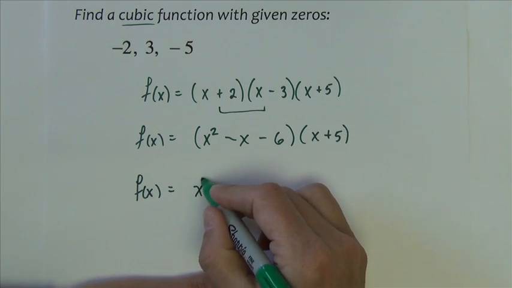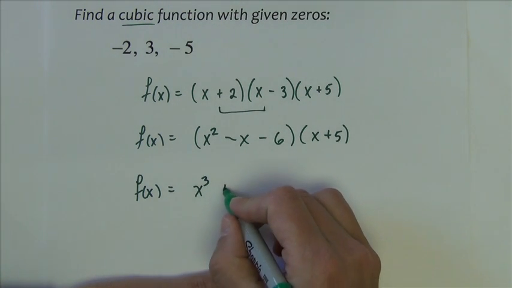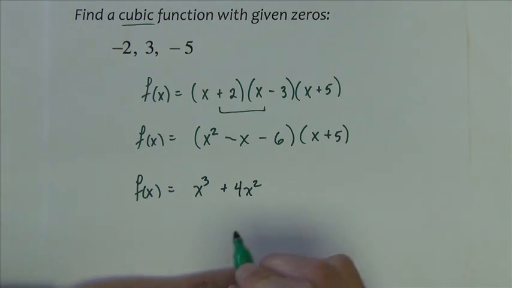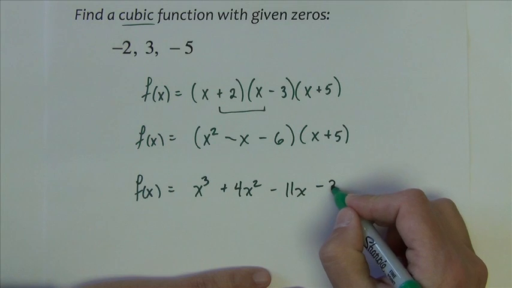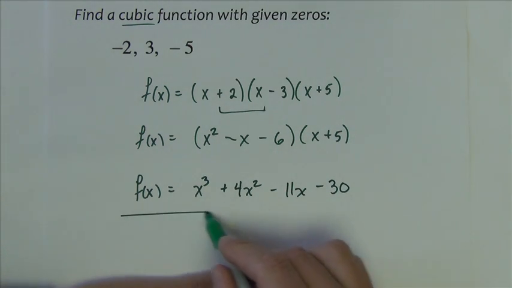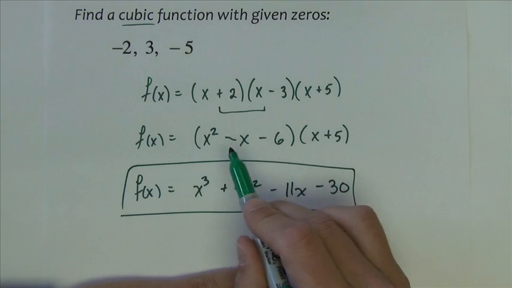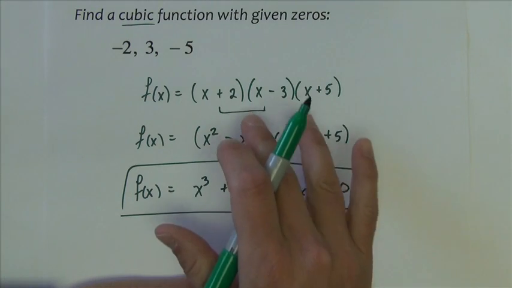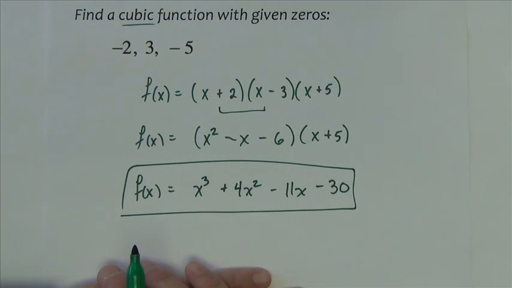It's going to be x to the third plus 4x squared minus 11x, and finally minus 30. I did all the multiplications and combined like terms in my head without writing them down. But this is what I'm after: multiplying everything together to get to this cubic function.